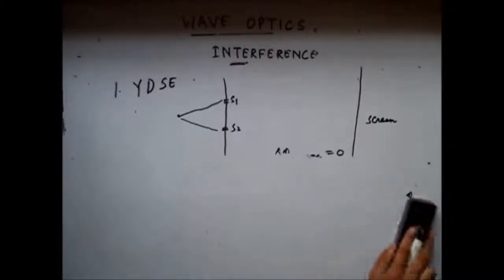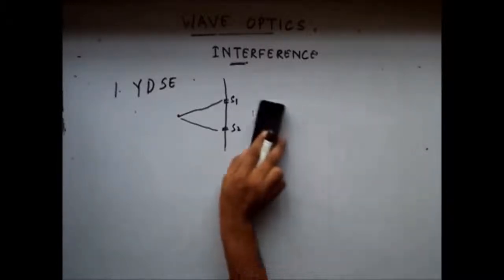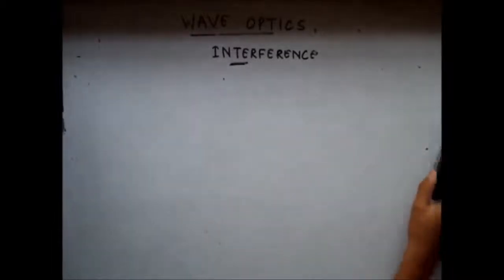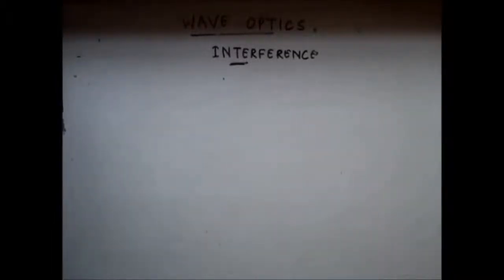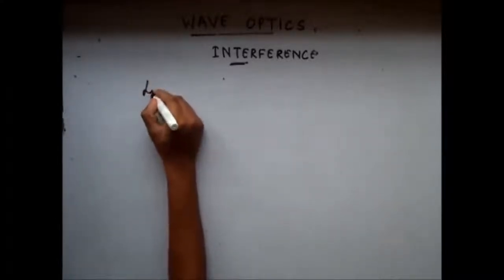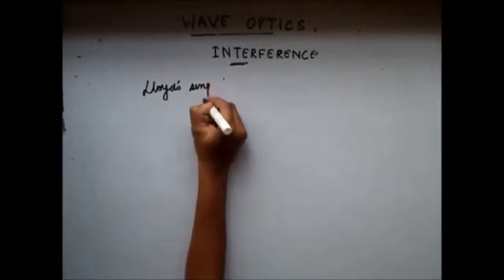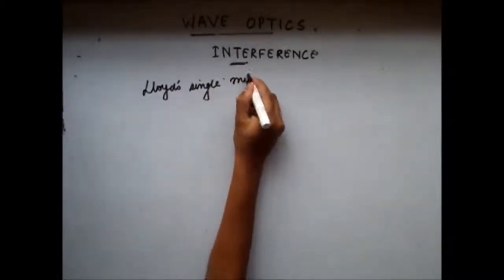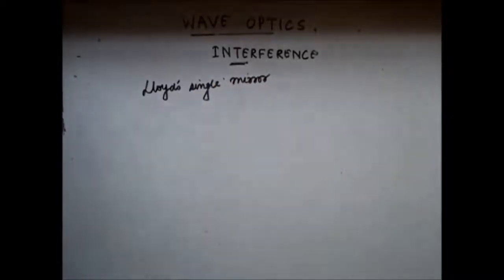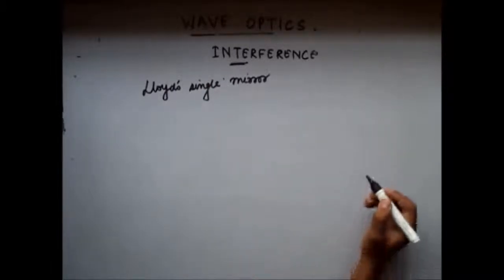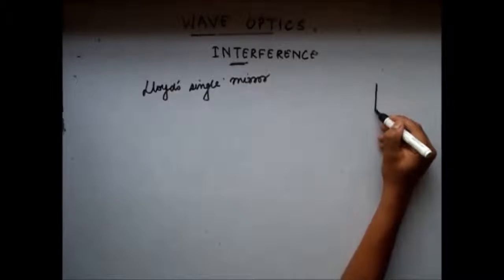Now let's take another example where we produce two coherent sources with the help of a mirror. This setup is known as the Lloyd's single mirror. In Lloyd's single mirror, what we have is a screen here.